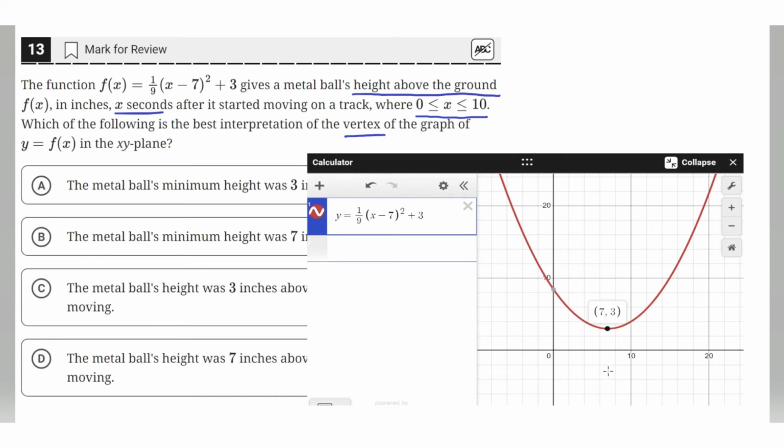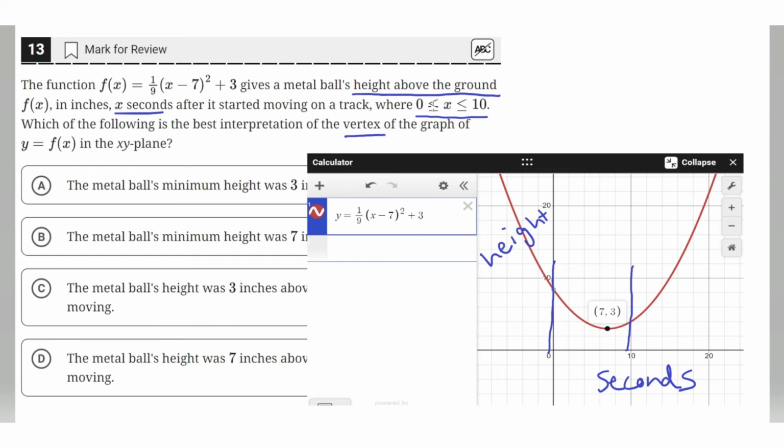So the x-axis will tell us how many seconds have passed, and the y-axis tells us the height of the ball. And from the problem statement, it tells us that x is only valid between 0 and 10. So we're only going to care about the parts of the graph between x values of 0 and 10.